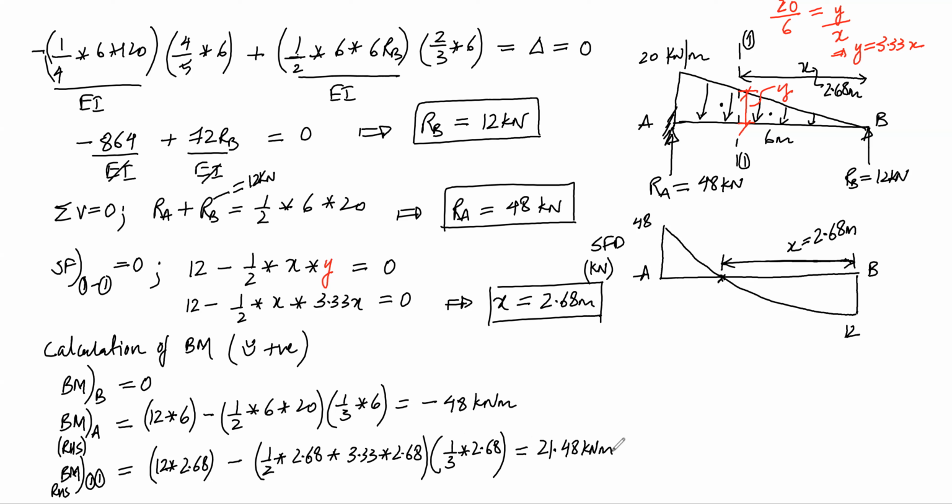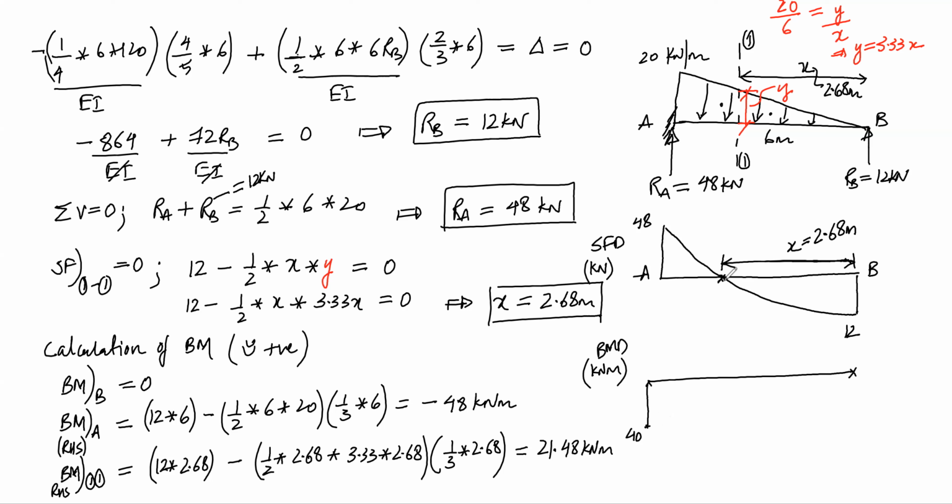So now we have bending moment at various points. So we can draw the BMD in kilonewton meter. So this is our reference. Bending moment at B is 0. Bending moment at A is -48. So say this point is 48.